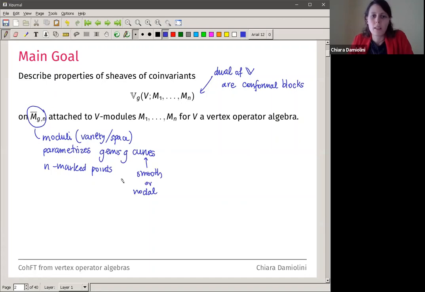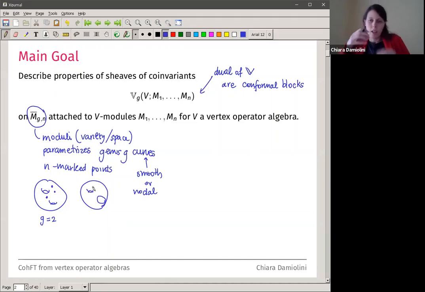So if you don't like curves and you prefer Riemann surfaces, this is okay, because this is a nice curve of genus 2, and I have maybe 3 marked points, and by nodal it means that I can essentially pinch one part, and so this still has genus 2.